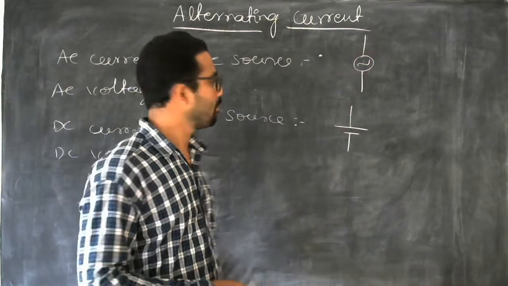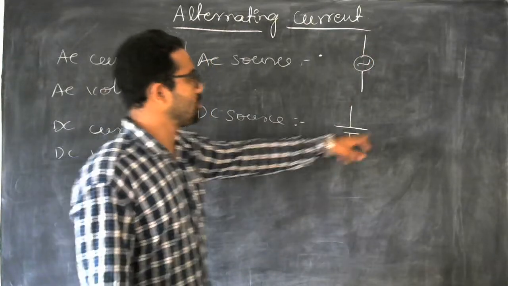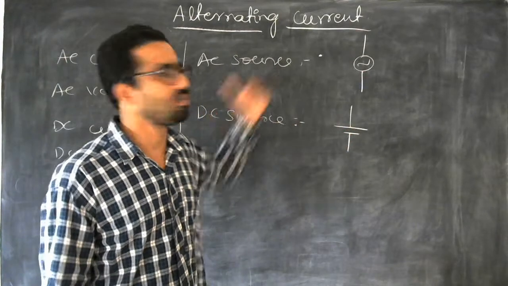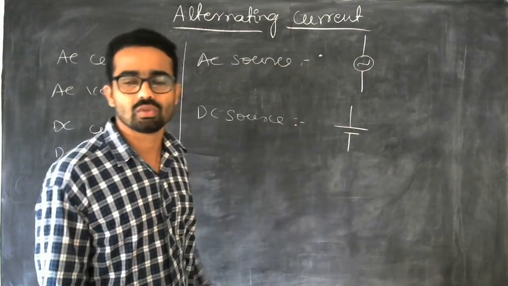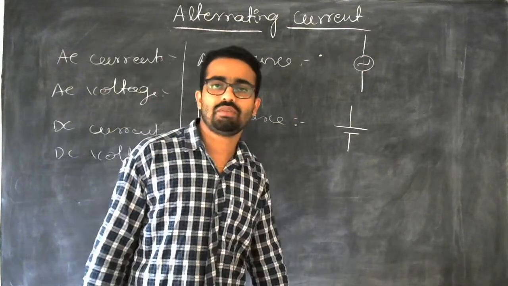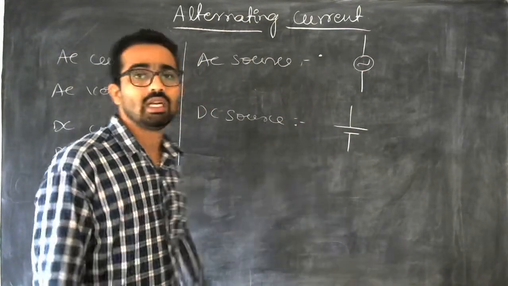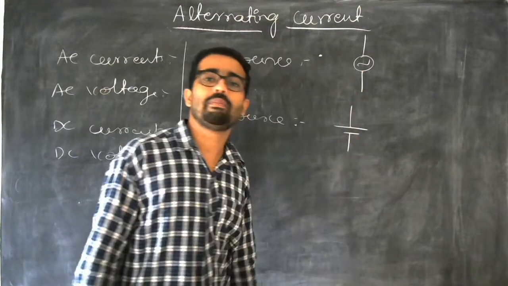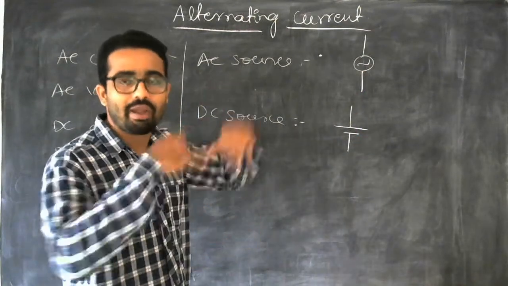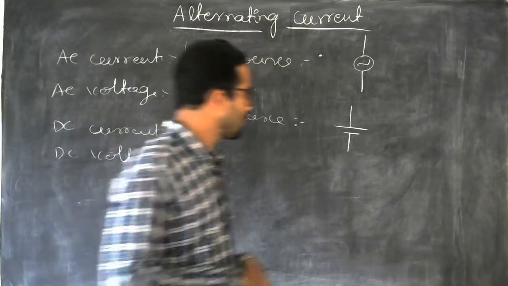And for a DC source, we will write this symbol, which indicates that it is a DC source, and that is an AC source. So these are some representations, some notations which we use for AC and DC. This is very basic knowledge that we must know before entering this chapter.